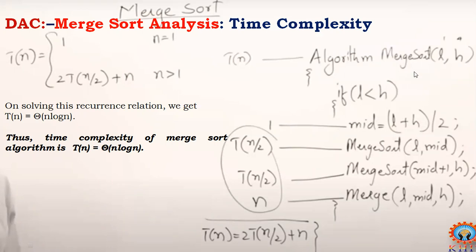Once the algorithm is written, calculate how many times each and every line of the algorithm is executed. Here, this line is executed one time. This statement is executed T of n by 2 times. This statement is executed T of n by 2 times. This statement is executed n number of times. After that we can sum it, and we will get the resultant value.